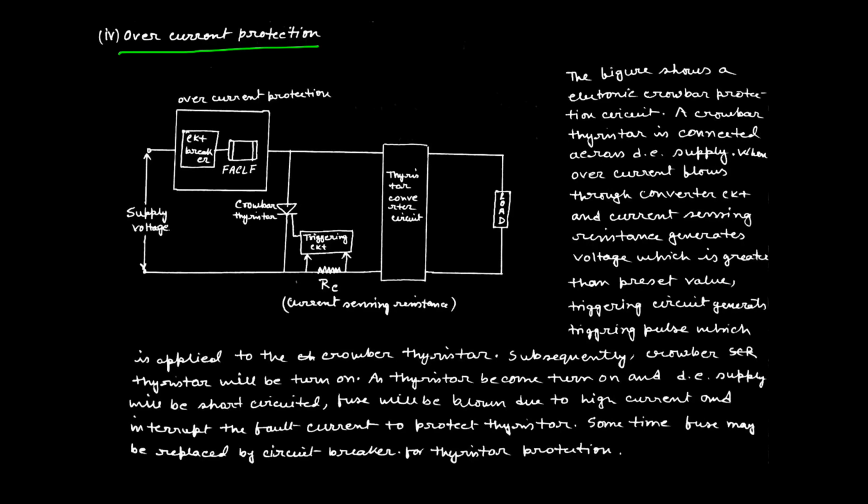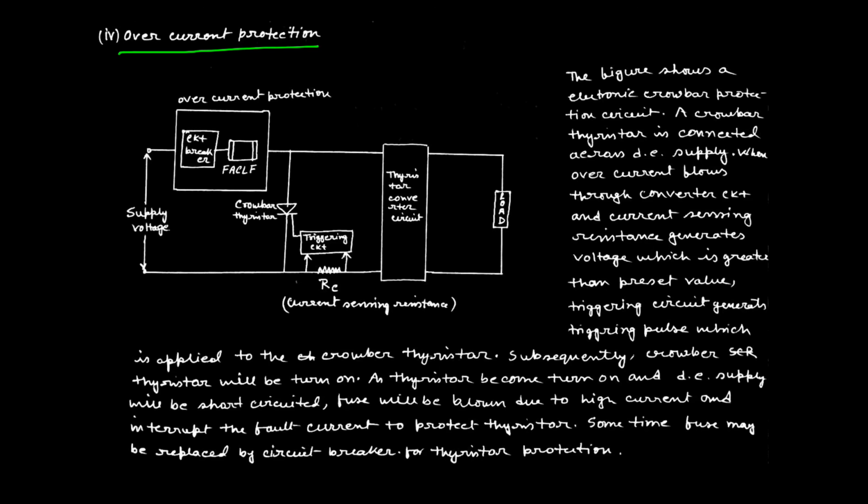But when the fault current starts flowing, that means if this fault current magnitude is high enough with respect to the normal magnitude of the circuit current, then this sensing resistance can sense the extra amount of current. Then it is able to create an amount of voltage, and this voltage goes to the triggering circuit.